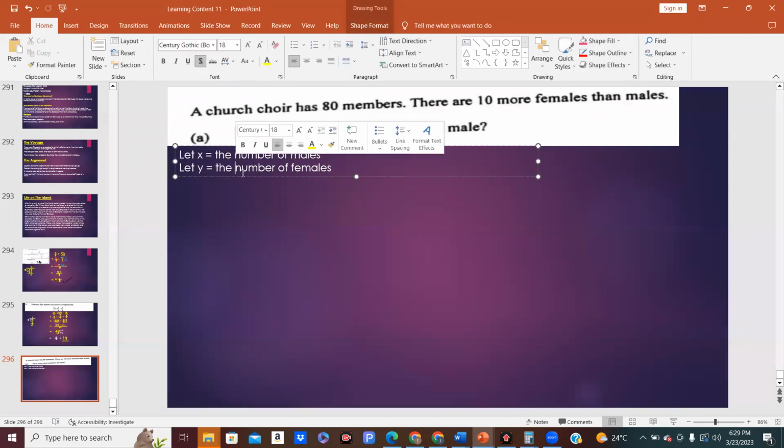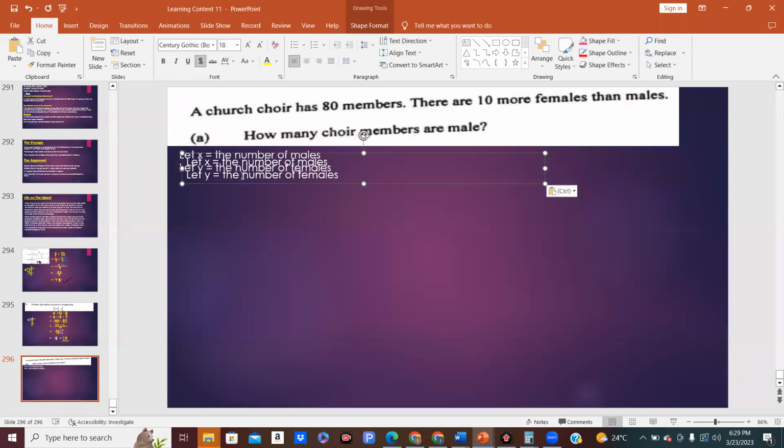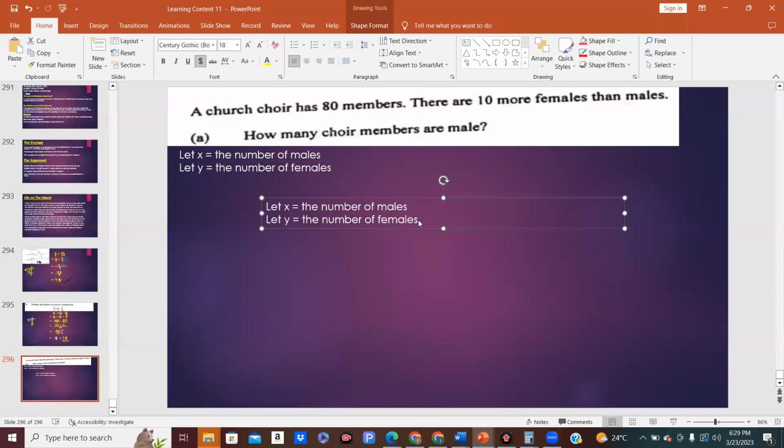But one thing we do know is that X plus Y is going to be equal to 80. That's a fact.